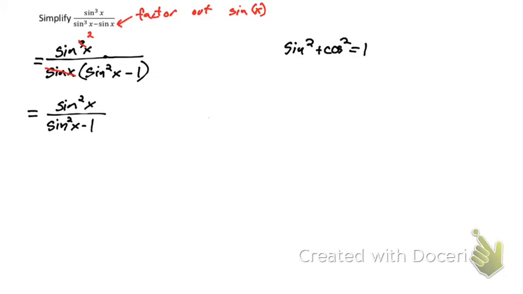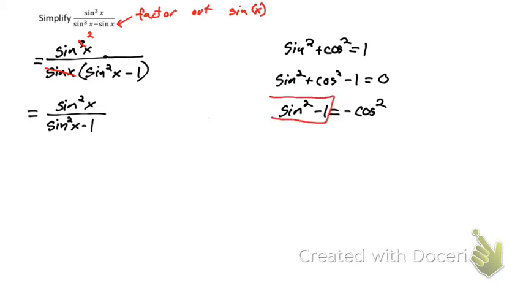Maybe I'll do all the steps. We could rewrite this as sine squared plus cosine squared minus 1 equals 0. Subtract both sides by cosine squared, and we'll have sine squared minus 1 equals negative cosine squared. That matches that, so we're going to replace that with negative cosine squared.